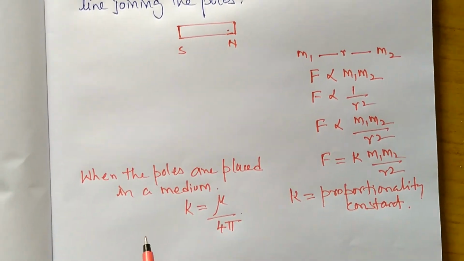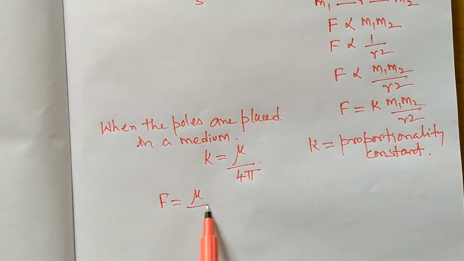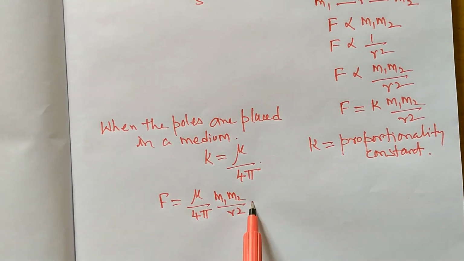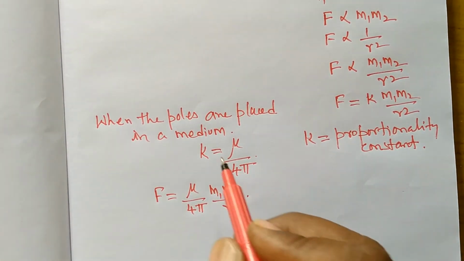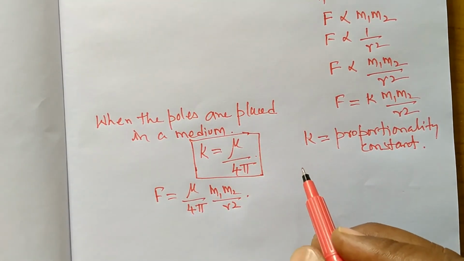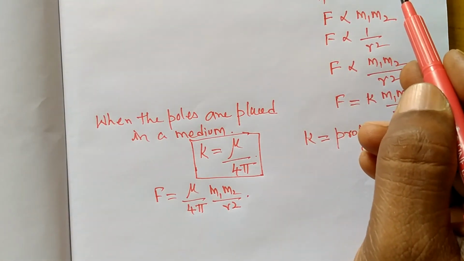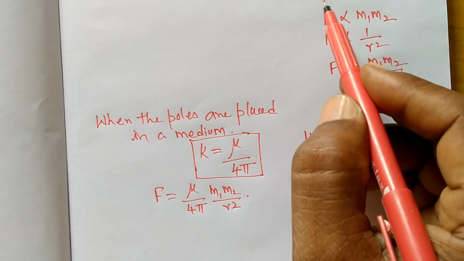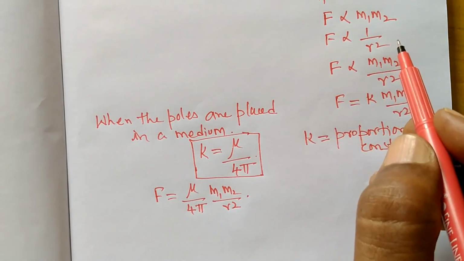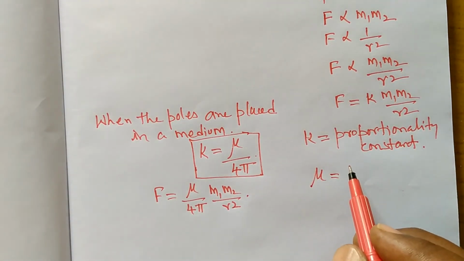Then Coulomb's inverse square law is written as F is equal to mu by 4 pi M1 M2 by r square. The value of K depends on the magnetic nature of the medium in which the magnetic poles are placed, and also on the units that we use, in the SI system or CGS system. Therefore, mu is called the absolute permeability of the medium.